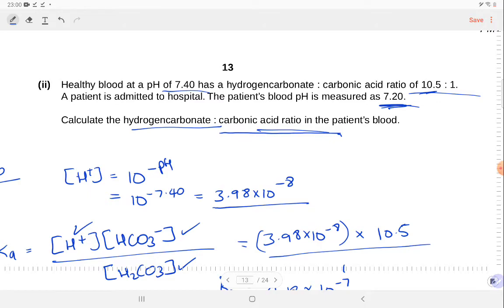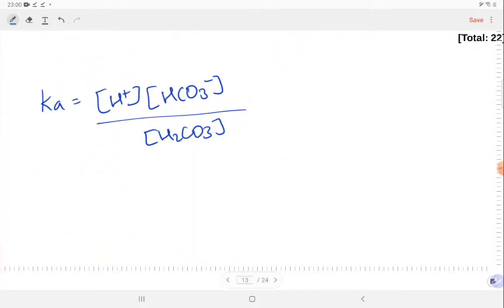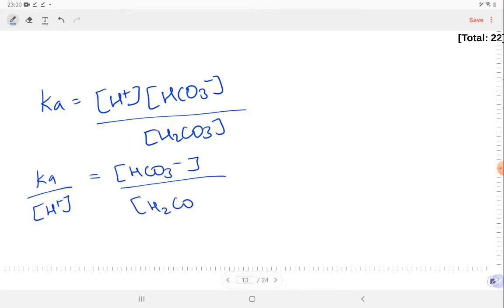That's just a healthy blood generally. But we're talking about the specific patient, which basically means that the ratio of the hydrogen carbonate to carbonic acid would be something really similar to the Ka over H plus, of HCO3 minus over H2CO3.